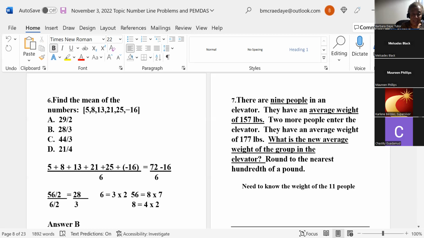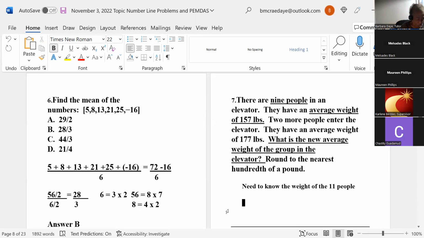So what do I do? You're going to divide? No. Hold on. A number is missing. If 9 people have an average weight of 157 pounds. Okay, how do you find average? Let's just write this out.